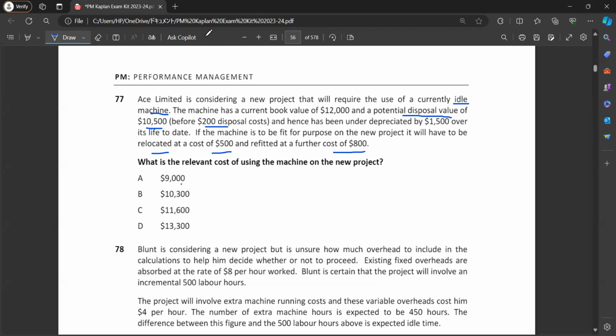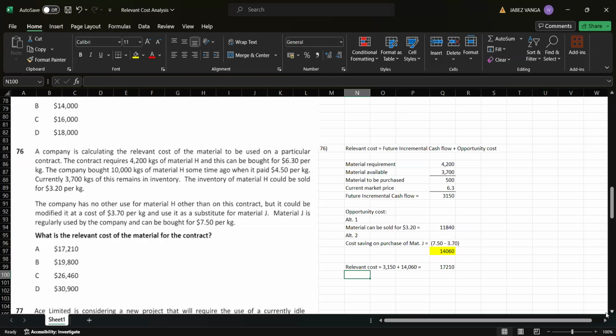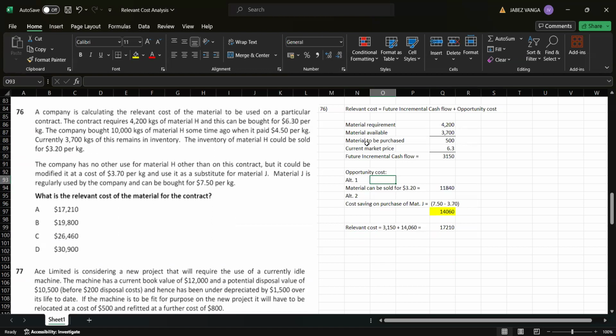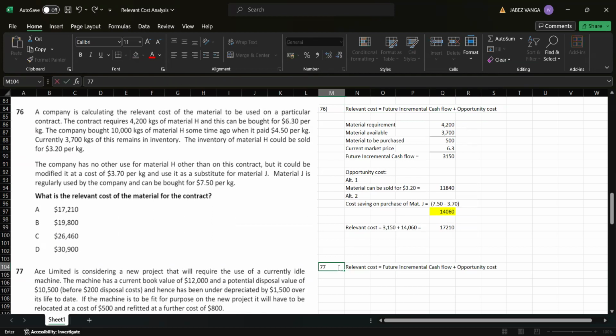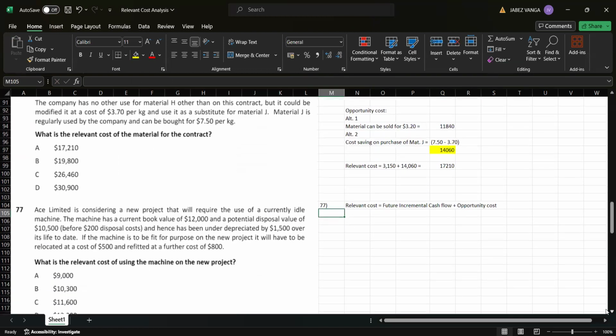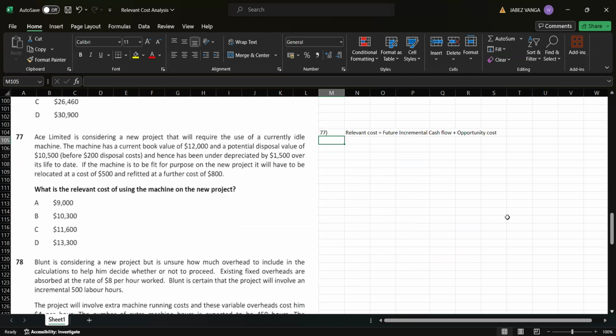So let's quickly write the solution in Excel sheet. So we see relevant cost is two aspects. 77 is, the question is about use of an idle machine.